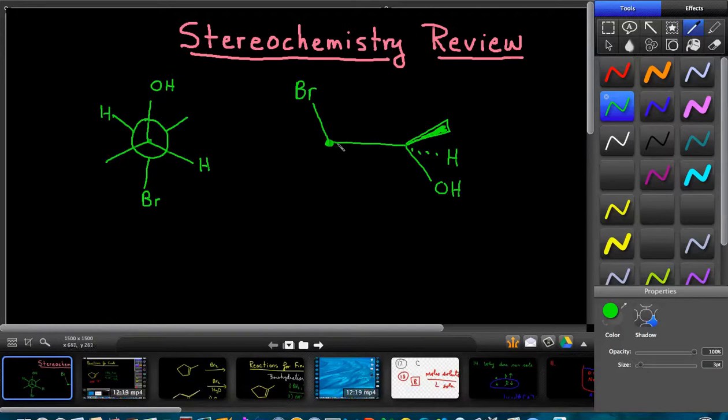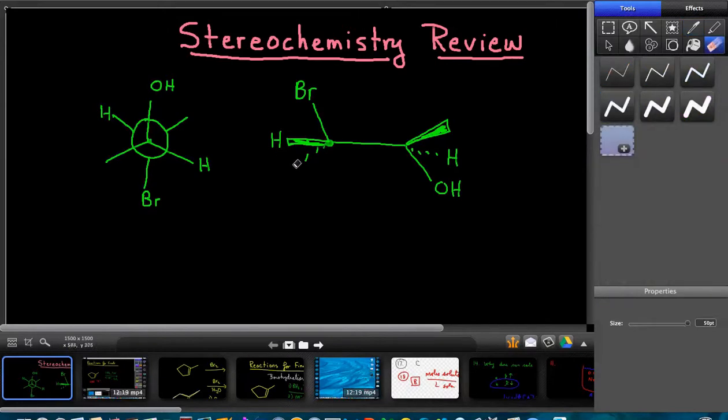And we have a methyl group that will be going in and a hydrogen that will be coming out. So we have translated a Newman projection to a terse structure, and I want to straighten this up just a little bit.